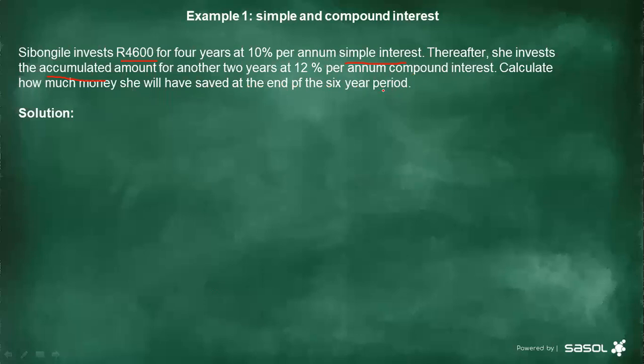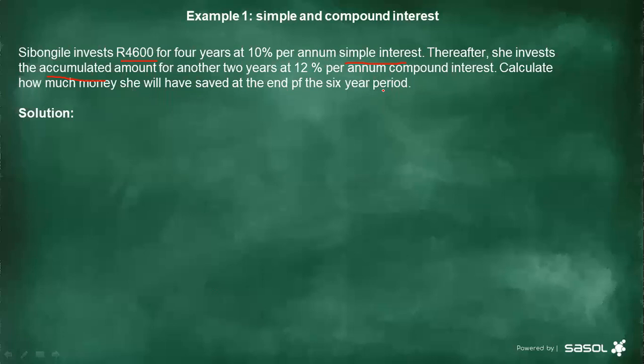Now, if we study this scenario, the first 4 years is this amount of money invested at 10%. It is going to be calculated with the simple interest formula, and thereafter the money that we get after calculating using the simple interest formula, we are going to continue with that amount, which is the amount accumulated after 4 years.